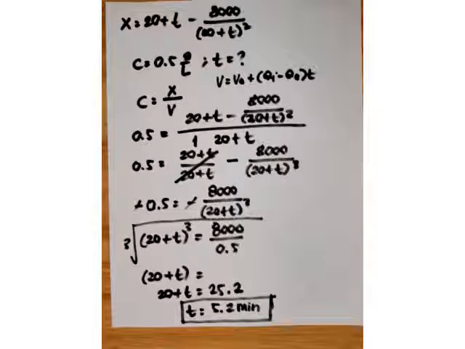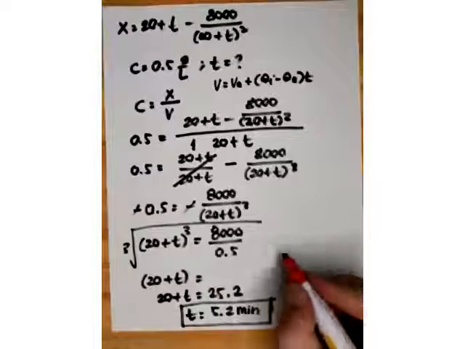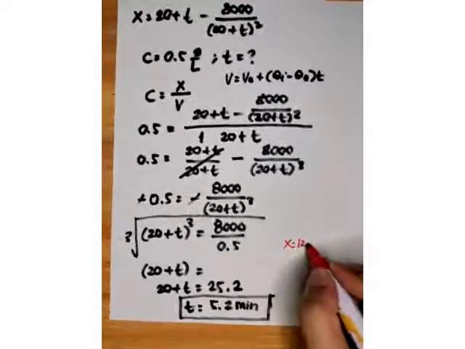We can check naman if paano natin siya i-check. I-solve nyo siya dito. Yung 5.2, apply that. So that's 20 plus 5.2 minus 8,000 all over 20 plus 5.2 squared. So x is 12.6.